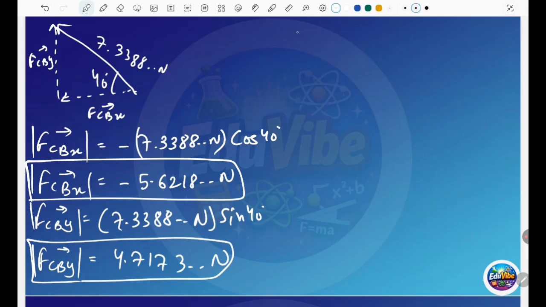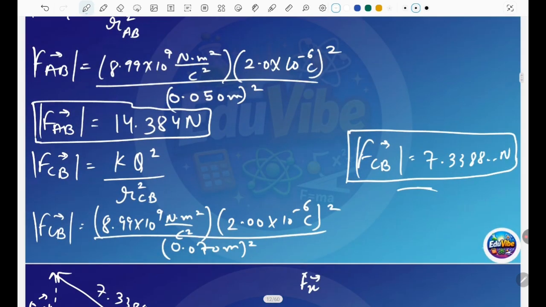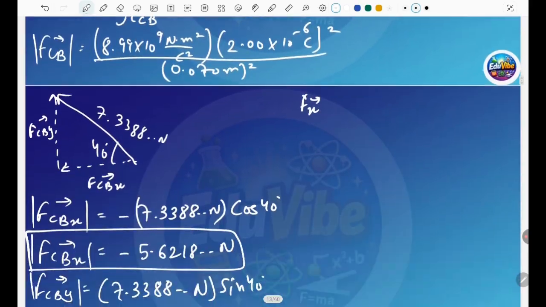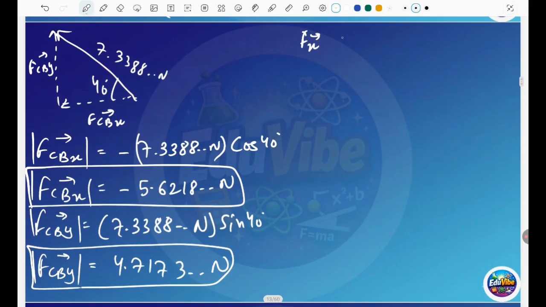Done. Now we have to find the total one. For the AB force, we take just FAB, because it goes only in one direction, so it doesn't matter. We have to find the Fx total and then Fy total. For Fx total, we have FAB plus FCBX.